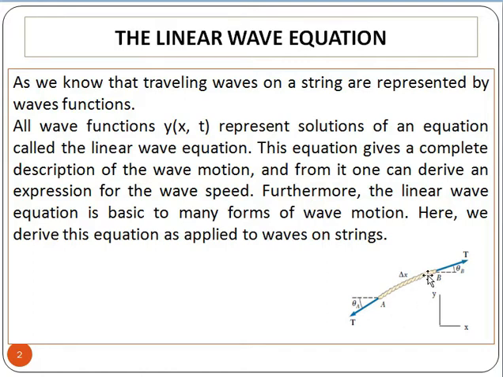So over here, this is a portion of the string, a very small element of the string, and the tension at this end is represented by this blue arrow denoted by T, while at this end the tension is represented by the arrow that is headed downward and is represented by the same T, because the tension throughout the string is the same.